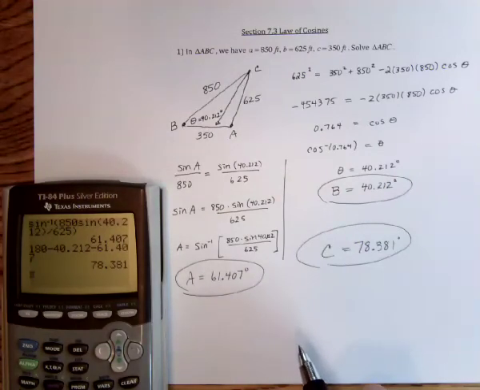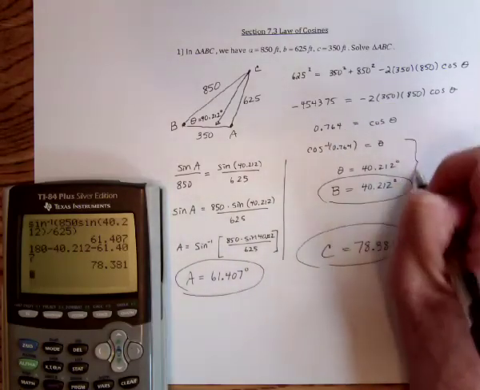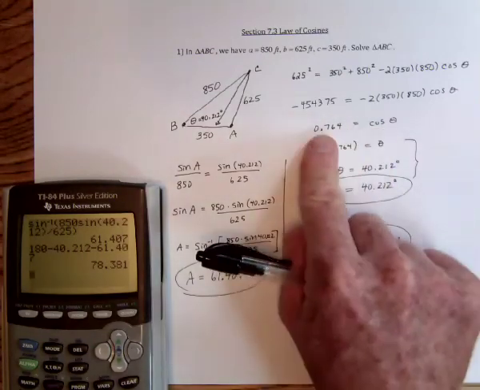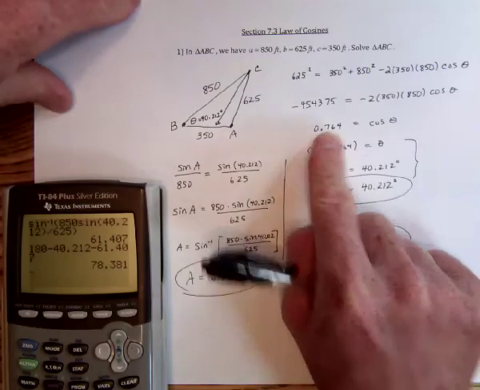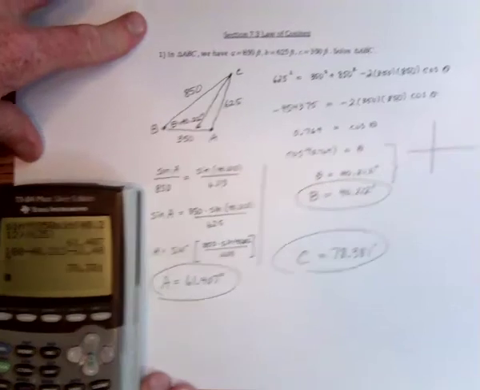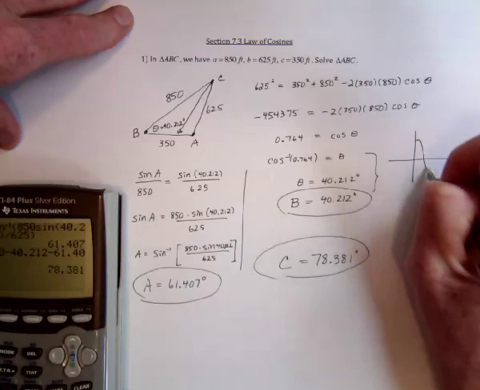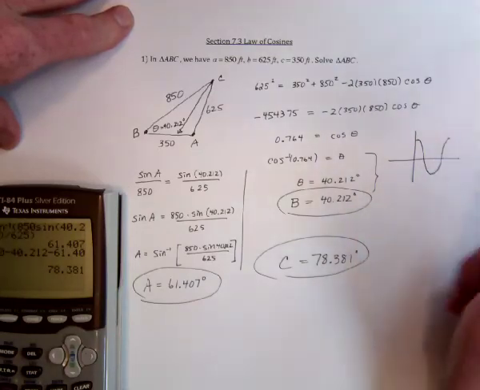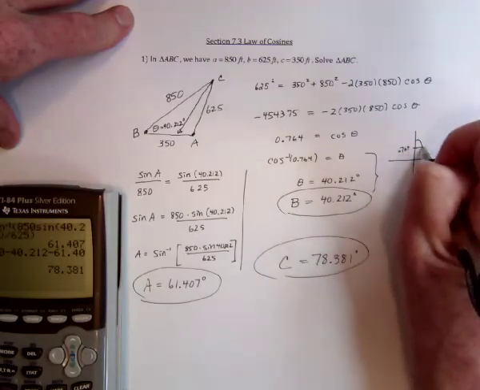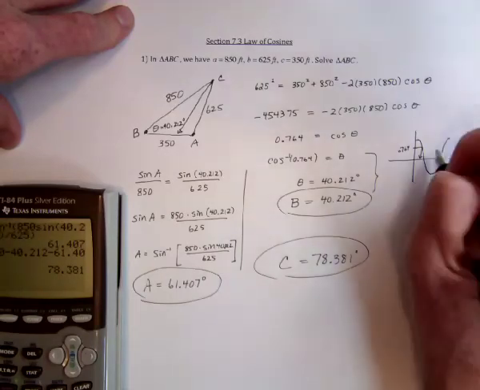Oh. Well, that means that back over here, when I found cosine inverse, well, when cosine equals a 0.764, so here's the cosine graph, and cosine looks like this. Cosine equals a 0.764 has one solution, which did not work out to be correct for this triangle.